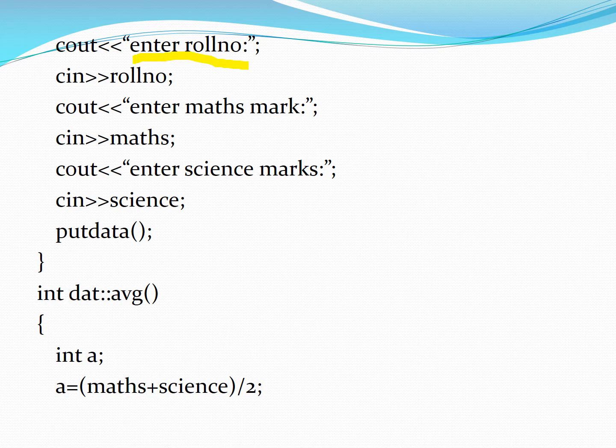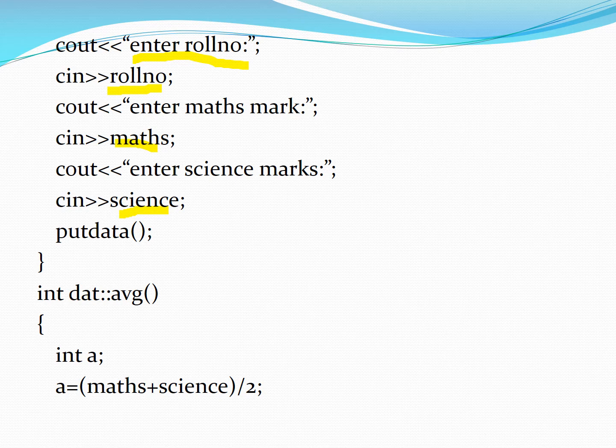I have received the roll number by using cin, and then enter the marks. Secondly, I have accepted the marks. And thirdly, I'm going to accept the data of science. Once I have entered all the data members, that is nothing but roll number, maths as well as science.